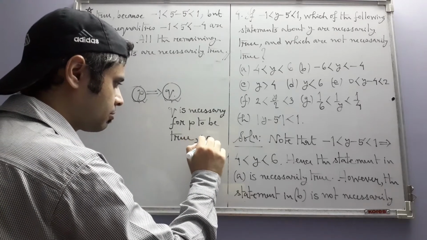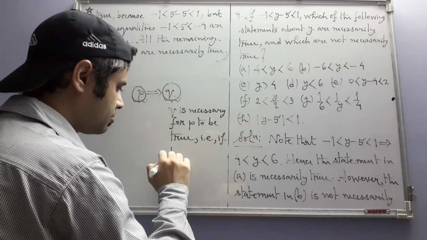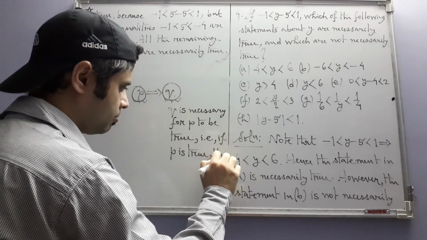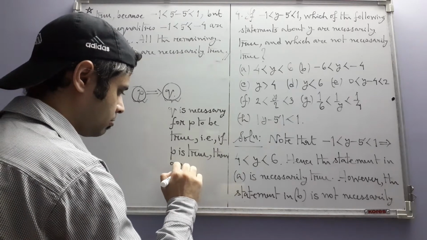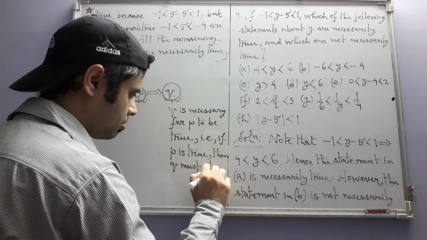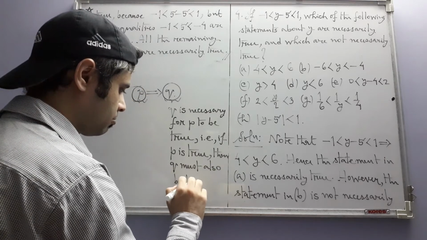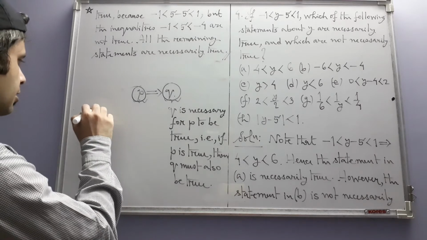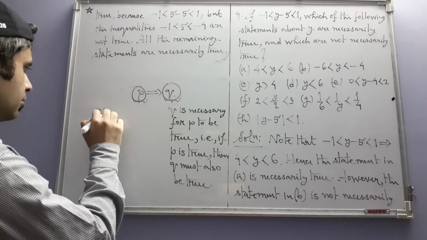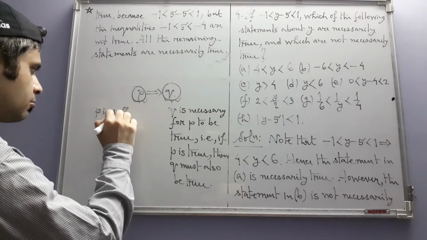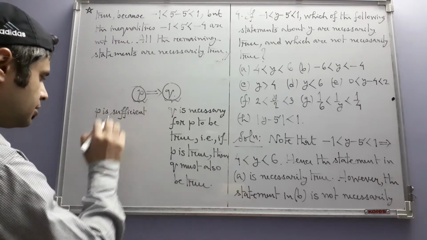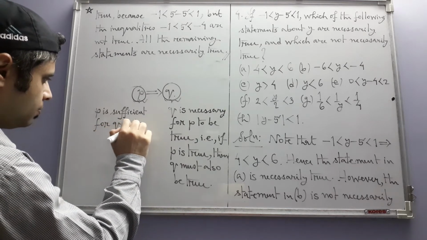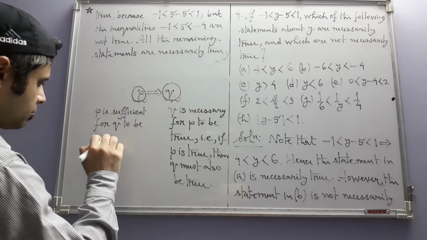That is, if P is true, then Q must also be true. In the same situation, we say that P is sufficient for Q to be true.